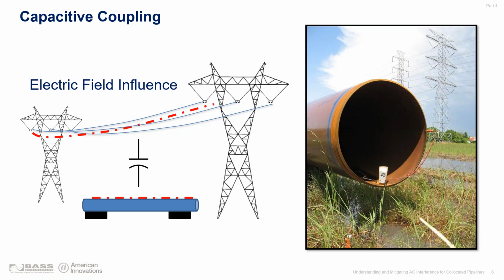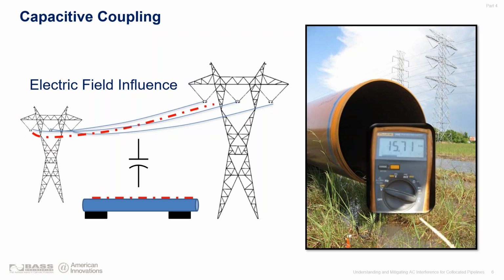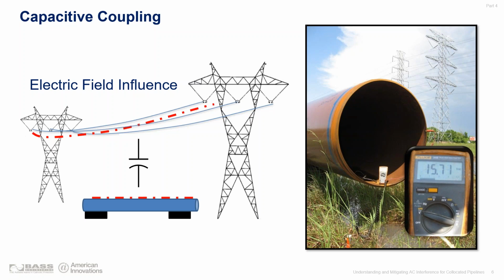And that's essentially what's happening here in this scenario. You have your high voltage AC lines and your pipeline acting as the metal plates, and air is going to be your dielectric. So over time, there's going to be a charge built on this pipeline. And you can see in this image to the right, a measurement was taken off of this, and you can see it has about 15.7 volts of AC on it.